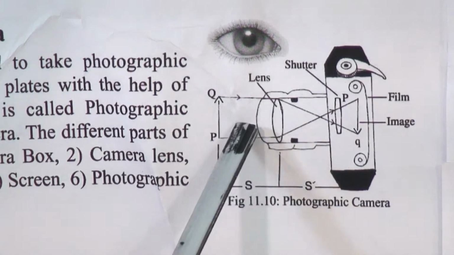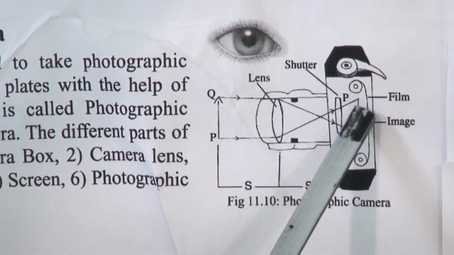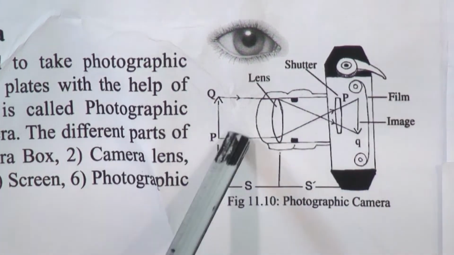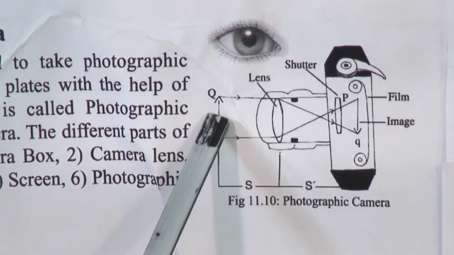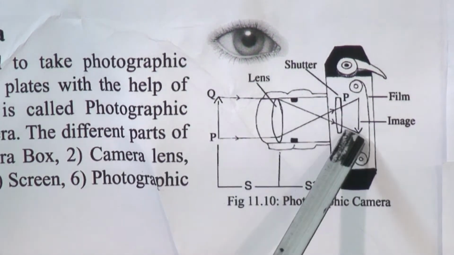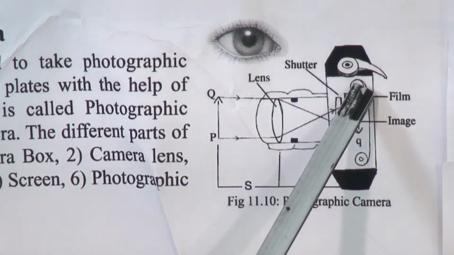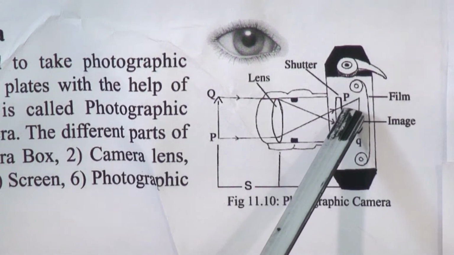When the shutter is on, the light goes through the lens, from here to here, and from this part to this part. That's why the image is formed.